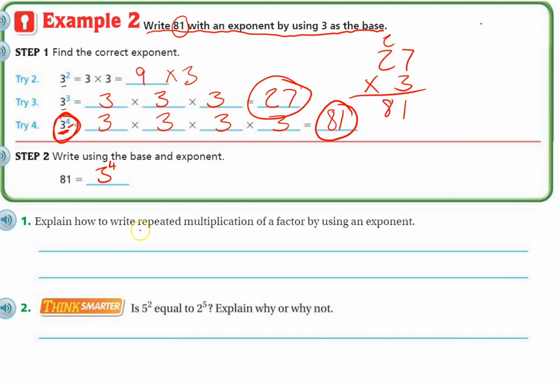Okay, number 1, explain how to write repeated multiplication of a factor by using an exponent. So, you just write this out in words.